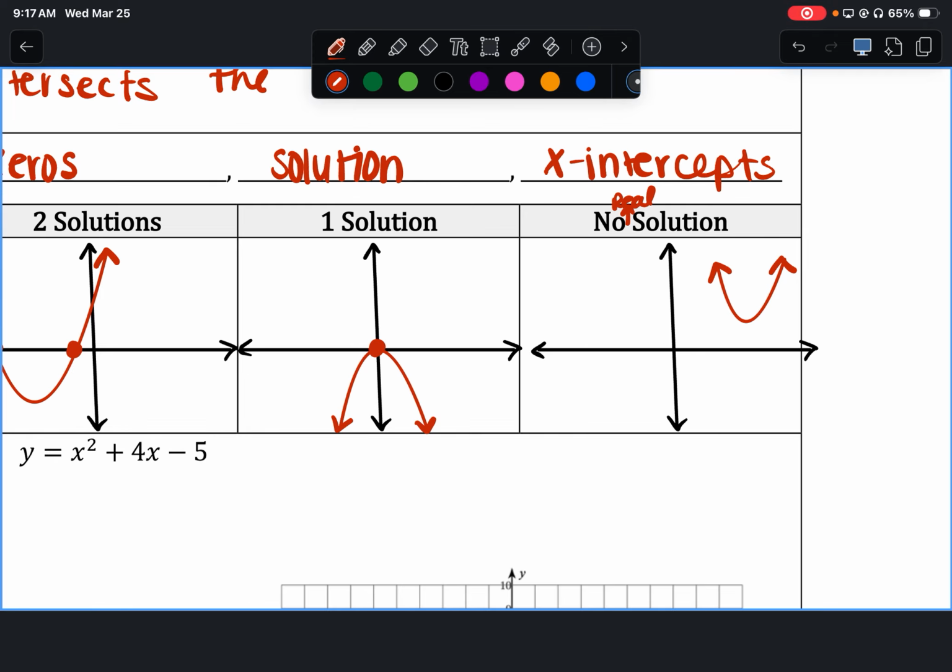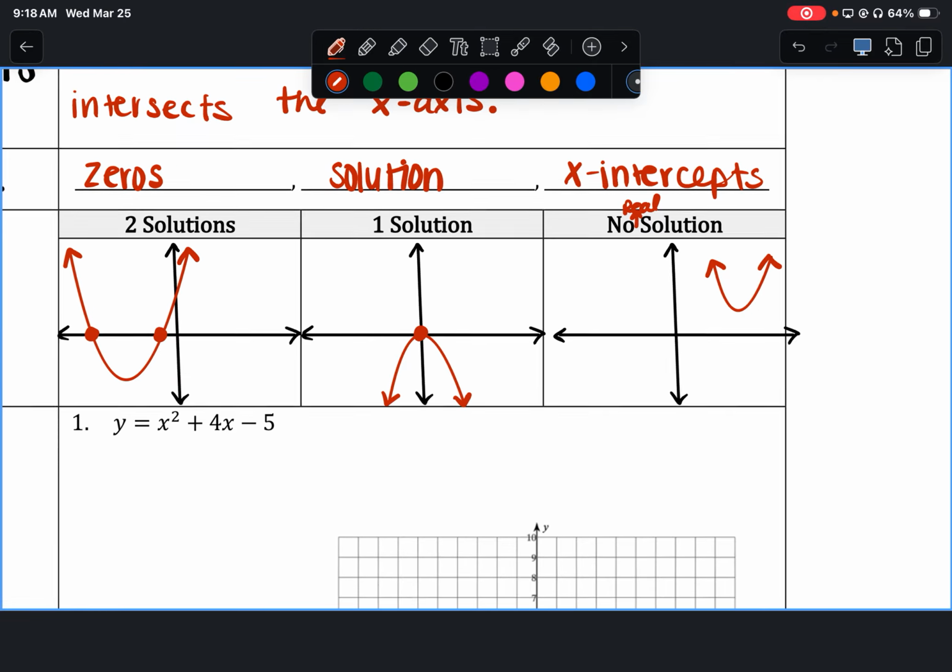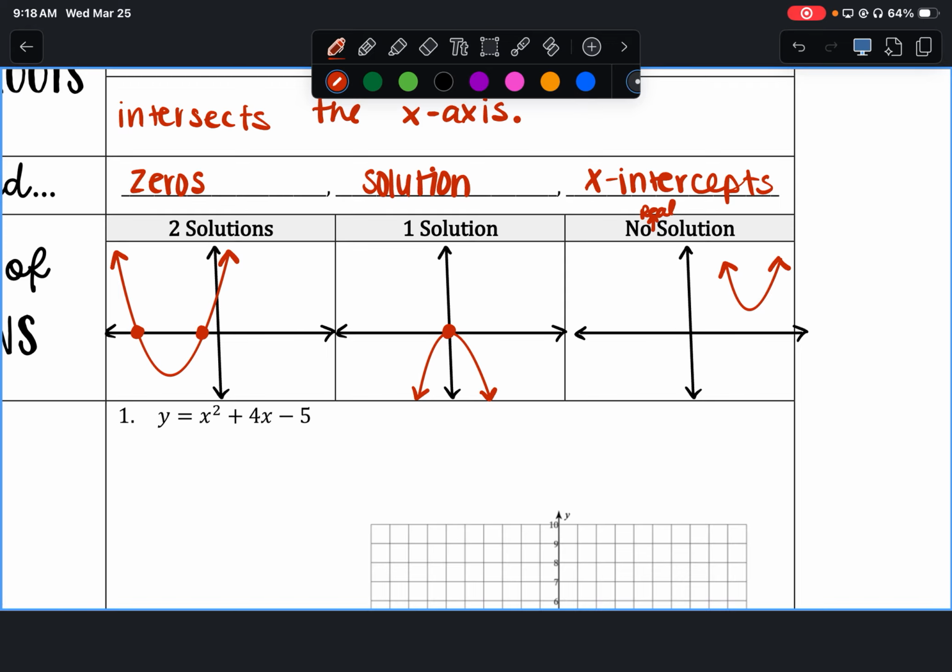So what is our y value when x is negative 5? 0. What is our y value when x is negative 4? When x is negative 3? When x is negative 2? When x is negative 1? When x is 0?